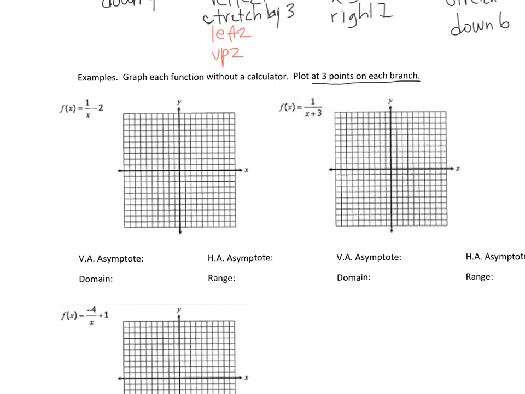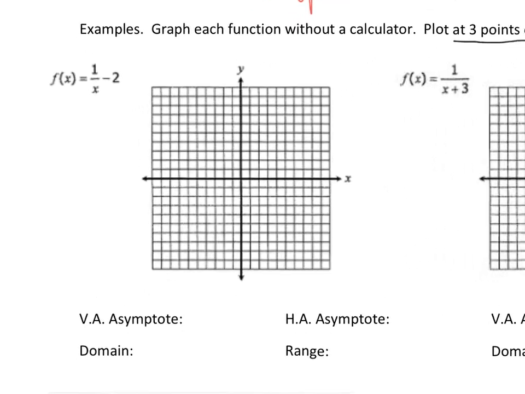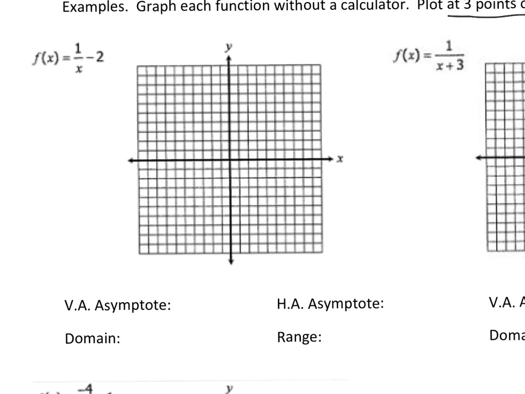So this first one is f of x equals 1 over x minus 2. So the vertical asymptote is going to be x equals 0 because it hasn't moved left or right, and the horizontal is going to be y equals -2. So I'm going to graph my asymptotes first.